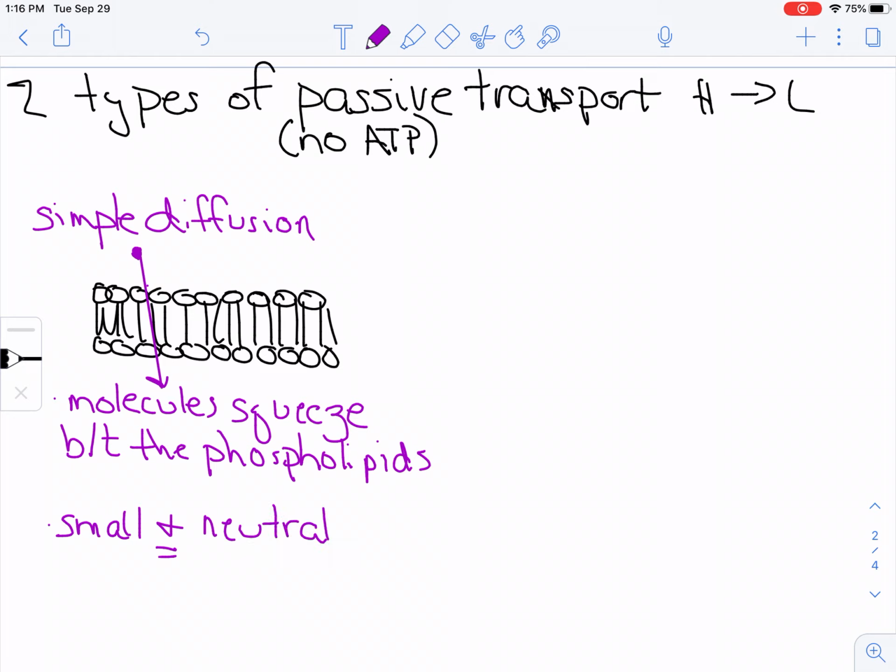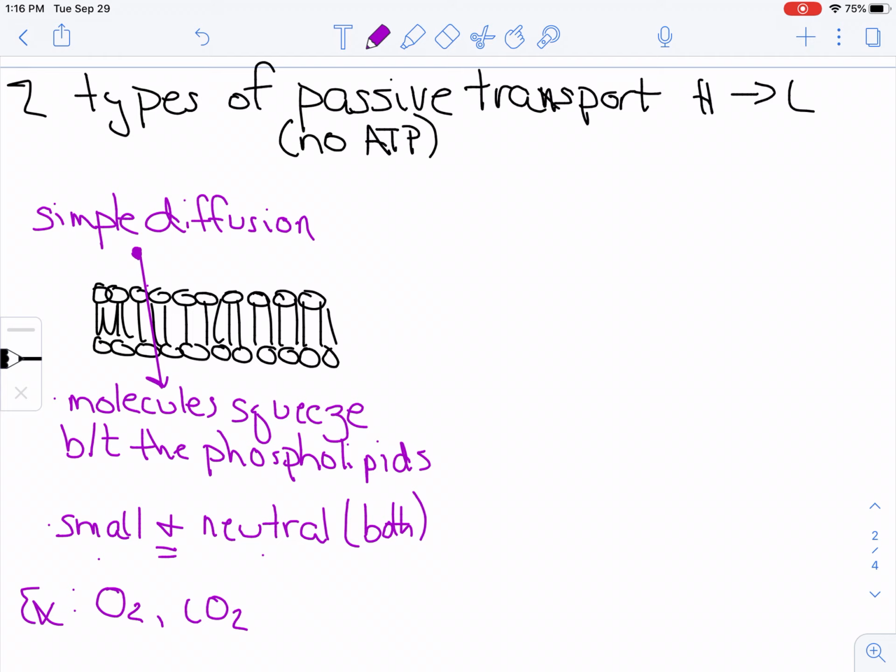Things that can do this would be things like oxygen and carbon dioxide. They are both small and neutral, so they can just squeeze between. If something is small but not neutral, it cannot pass this way. If something is neutral but not small, it cannot pass this way. It has to have both of these criteria.